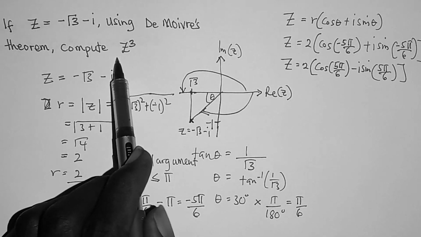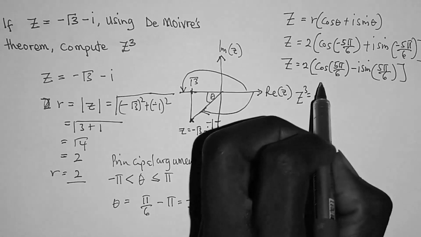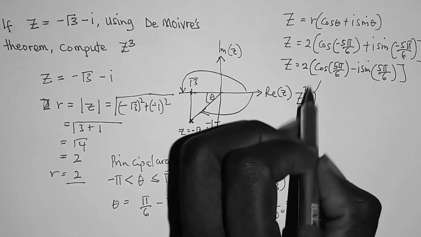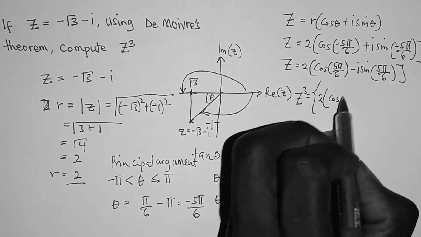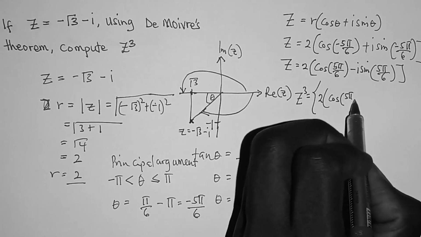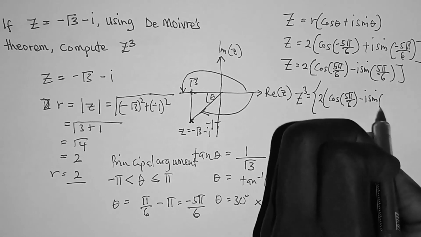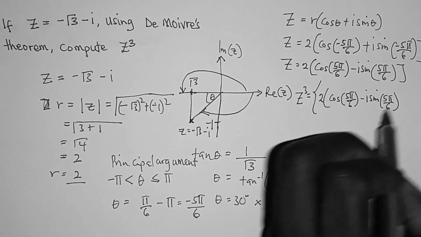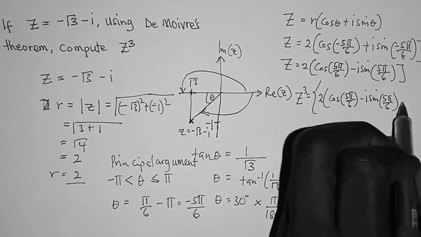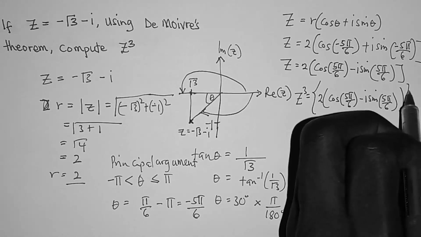Let's find z cubed. So z cubed is equal to, let me use this bracket, 2 times (cos 5 pi over 6 minus i sine 5 pi over 6), all of this to the exponent 3.